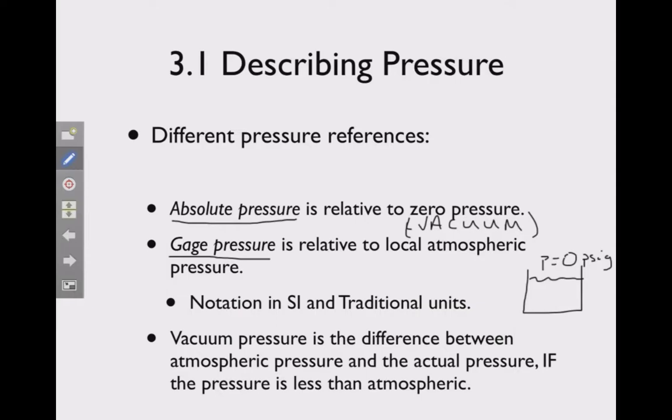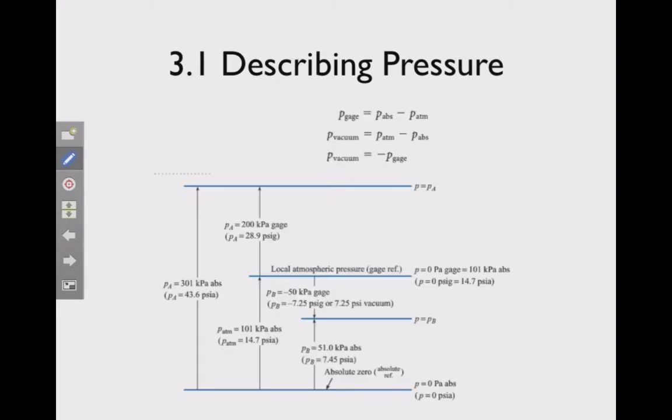Vacuum pressure, on the other hand, is also relative to atmospheric pressure, but it's going to be positive if the actual pressure is less than atmospheric. This is maybe a little bit difficult to say in words, so let's look at a diagram.